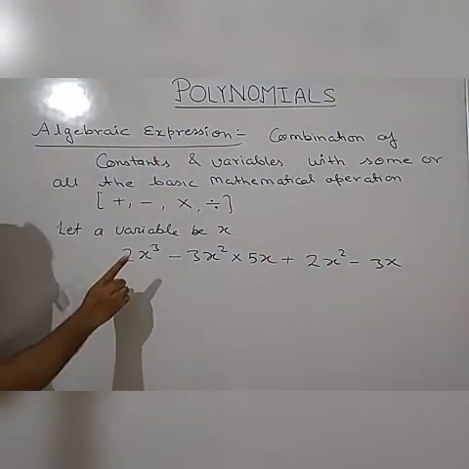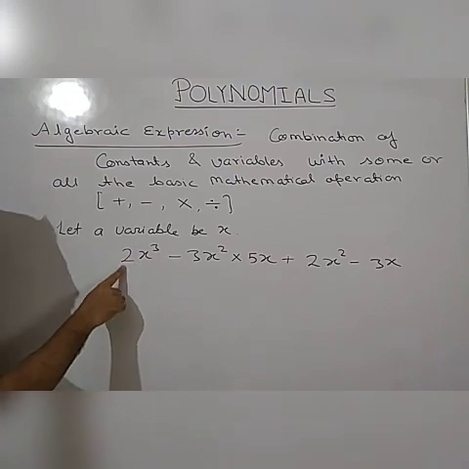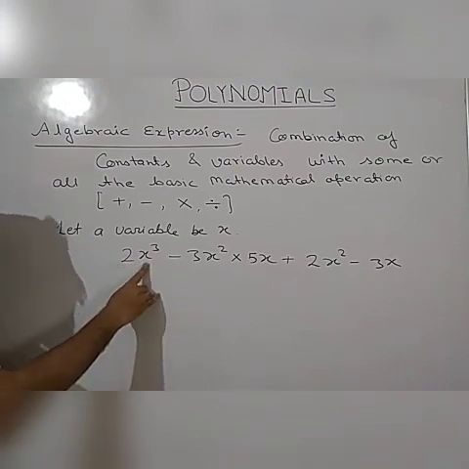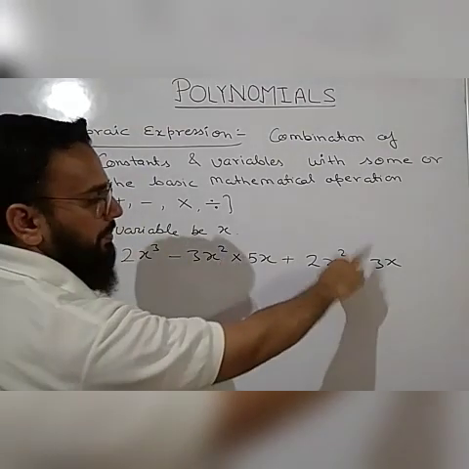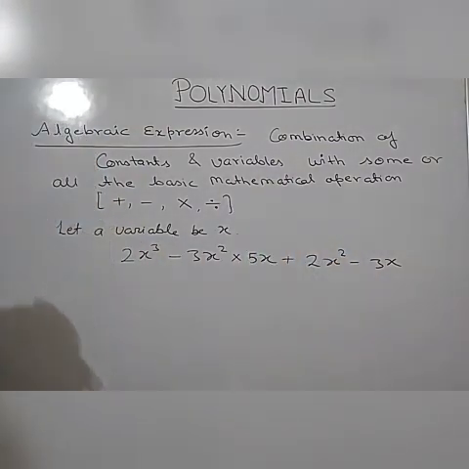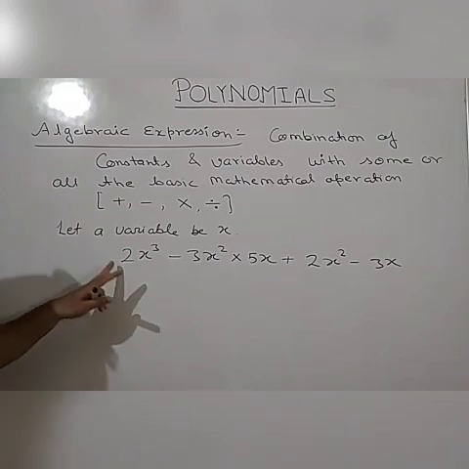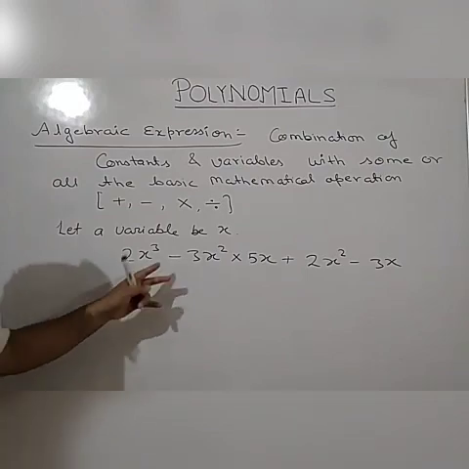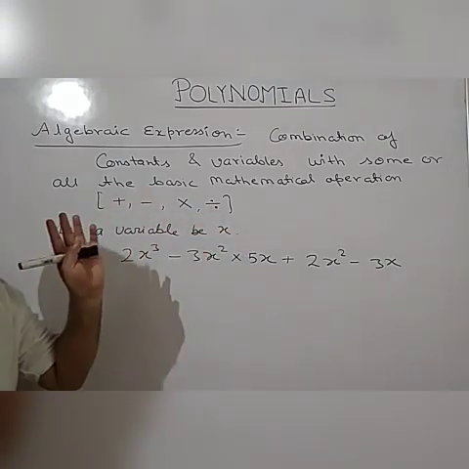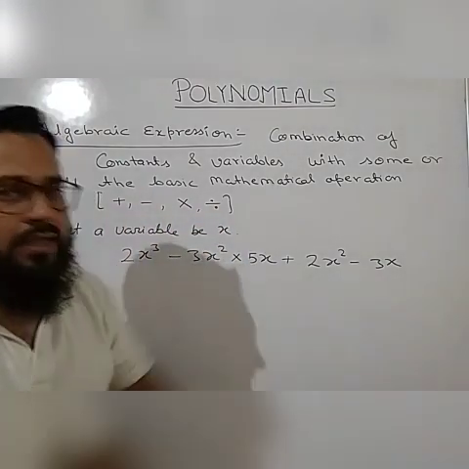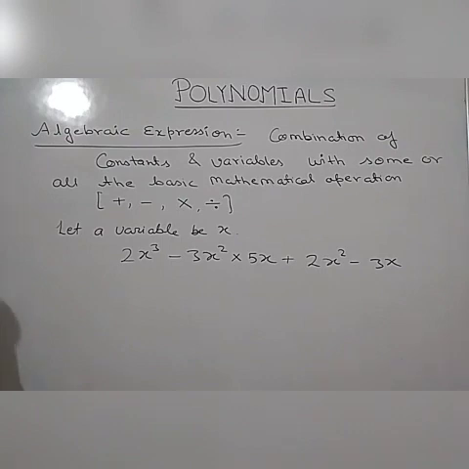Here in this expression there is a constant term, there is a variable term, with signs of subtraction, multiplication, addition. So an expression having constants and variables with any or all of these operations is known as an algebraic expression.